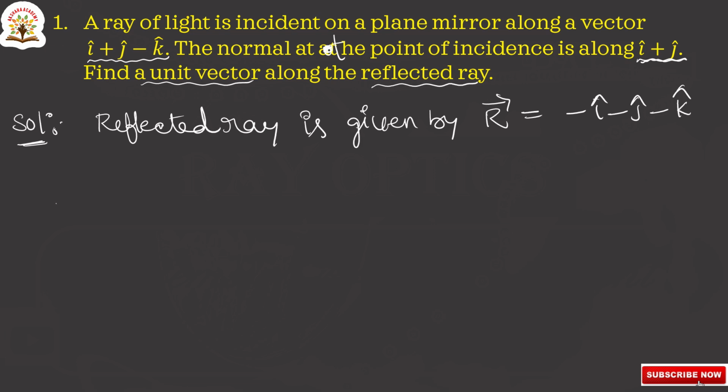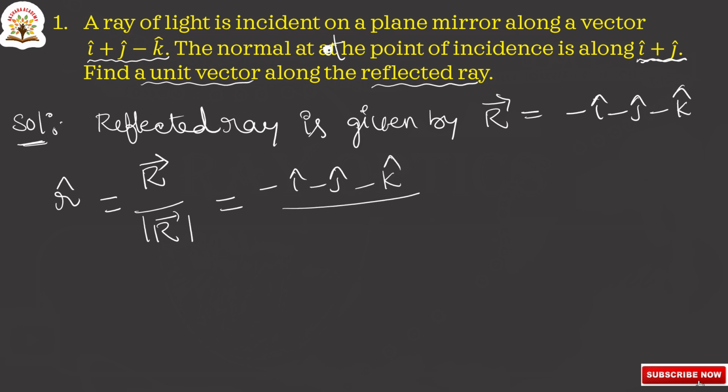Now r cap is equals to r bar by modulus of r bar, that is equals to minus i cap minus j cap minus k cap by modulus of r bar, nothing but the component of i, component of j, component of k: 1 square plus 1 square plus 1 square.